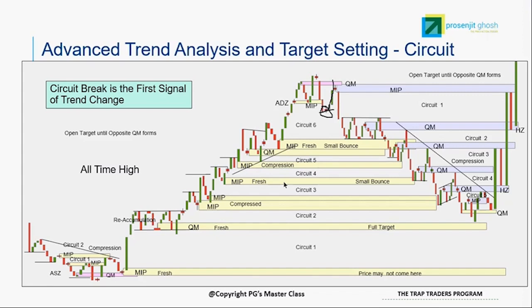Also, in between, if you have missed a trade, where you can enter the trade, and how, if you wait in a circuit, you will get another trade. I hope this portion is clear to you.